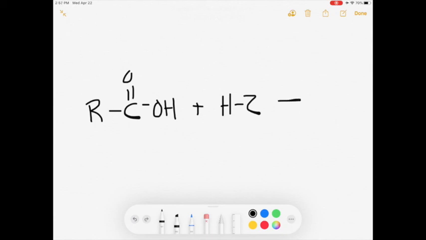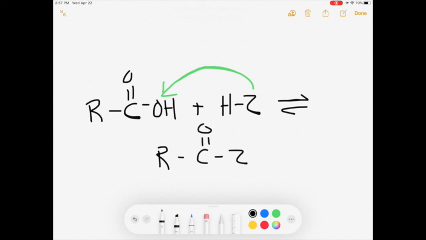And it's going to substitute. So the Z is going to take the place of the OH. So then we get this, and we'll have HOH. We're going to look at the different reactions that take place with that.